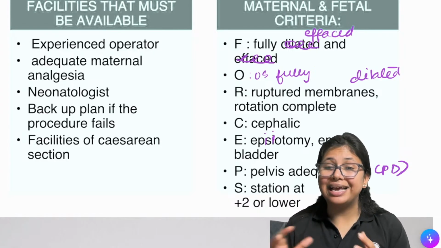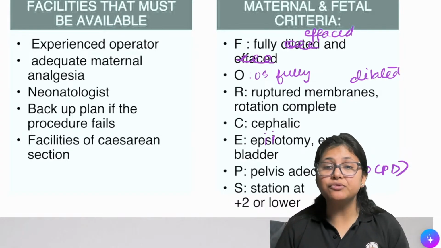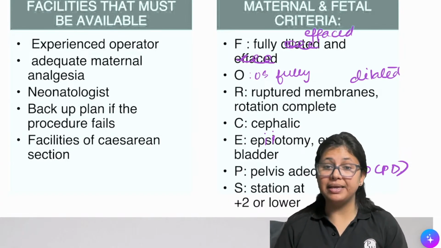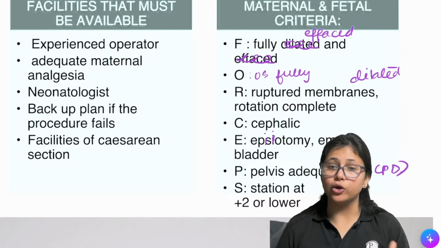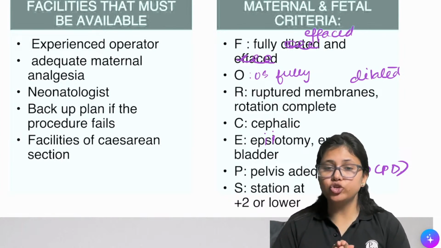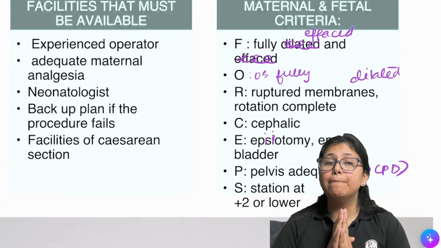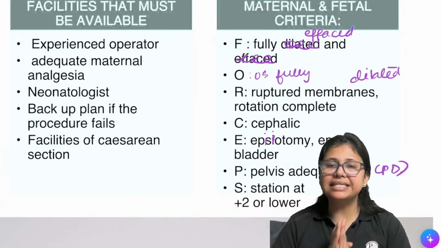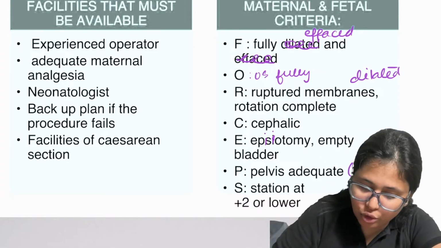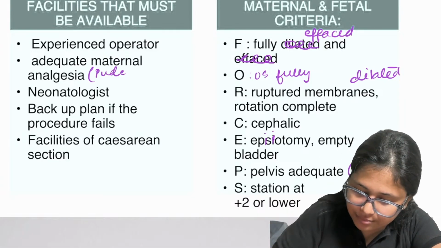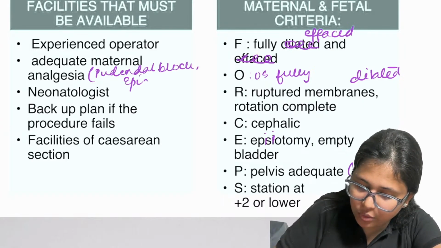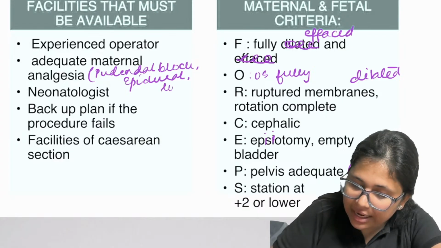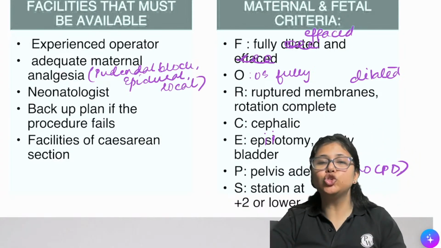And you also need to realize this is a traumatic procedure, not just for the mother, it can also be traumatic for the baby. It could even be a baby who is in distress. Maybe that is the very reason you are applying the instrument. So you need to have a neonatologist, right? And because this is traumatic, you need to have good maternal analgesia. You must give analgesia properly, whether you give her a pudendal block, or if she has an epidural, that also works. If nothing else, at least local anesthesia should be given, right?